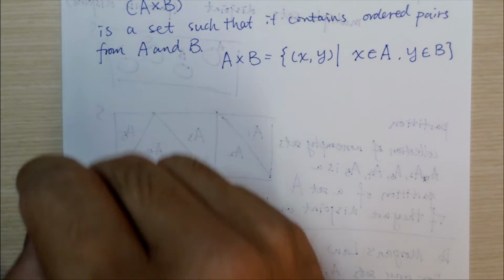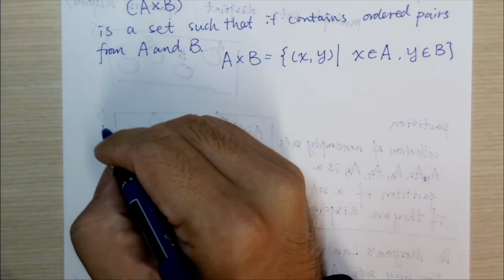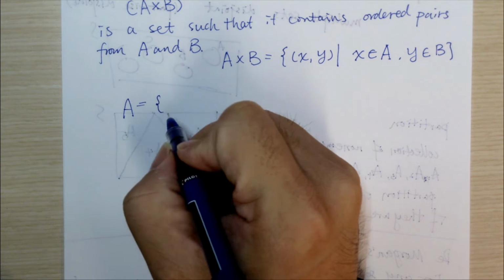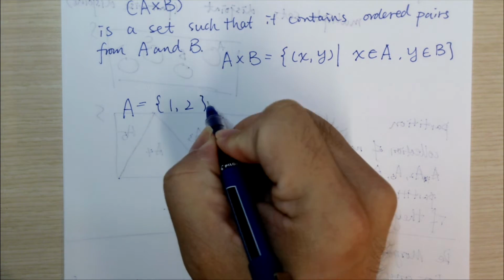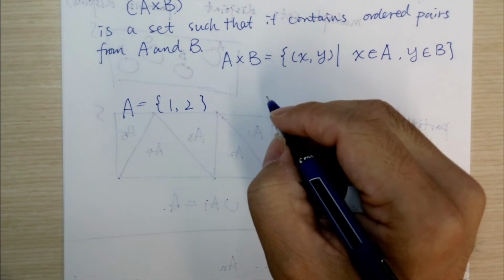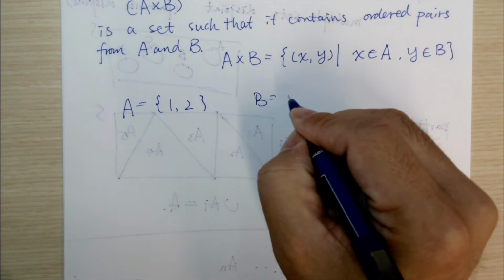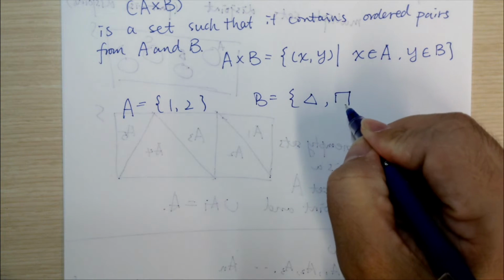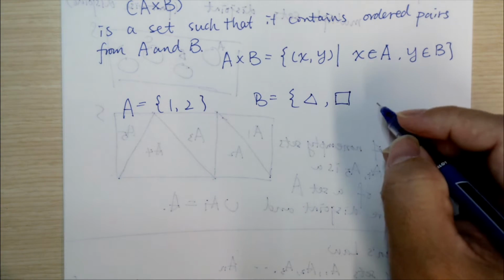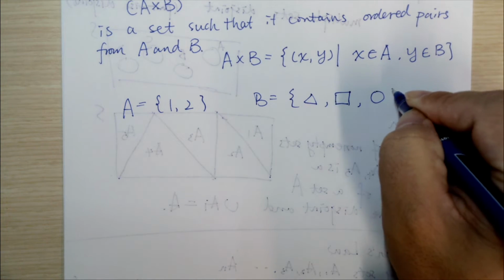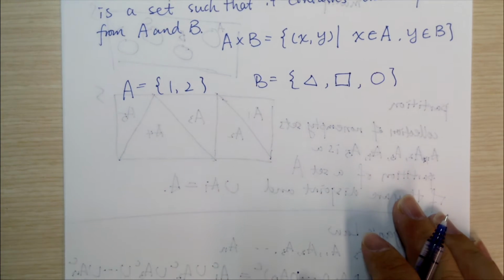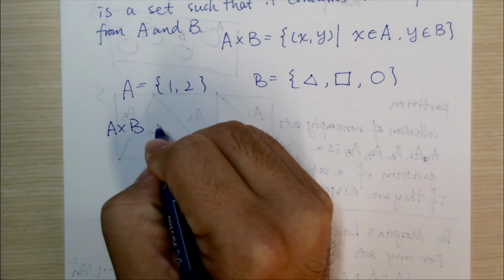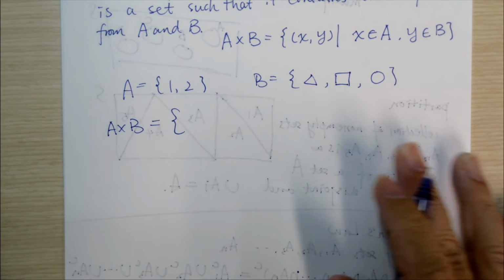So, for example, if we have set A with two elements, let's say 1 and 2, and set B with 3 elements, triangle, square, and circle. If we do the Cartesian product A cross B, as you can see it's the ordered pairs.